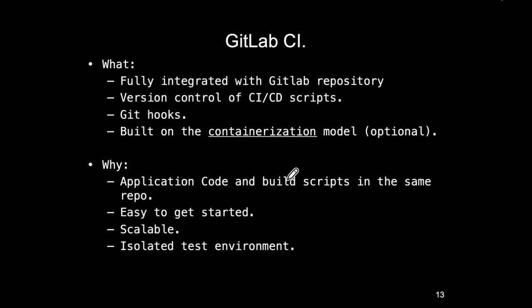I think this is probably the same stuff as before. Application code and build. The build scripts is kind of a name for that YAML file. Build has a broader meaning here than just the build stage.